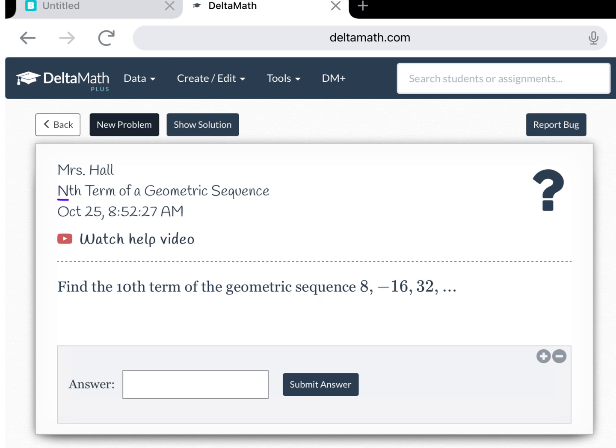All right, the next section is going to ask you to find the nth term in the geometric sequence. This is when we have to use our formula: A1 times R to the n minus 1. Okay, so I'm going to need to figure out my A1, my R, and my n. My A1 is the first term. It's an 8.